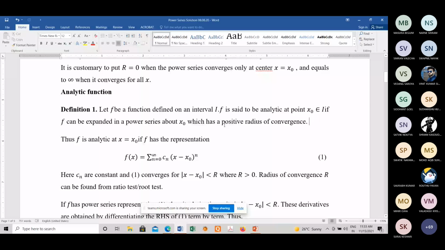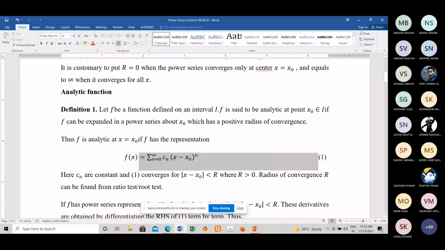Again repeating, a function f is said to be analytic at a point x naught which belongs to the interval (a, b) if f can be expanded in a power series about that point x equal to x naught. It means f(x) can be expressed as the summation of c_n (x minus x naught) to the power n, with n varying from 0 to infinity.